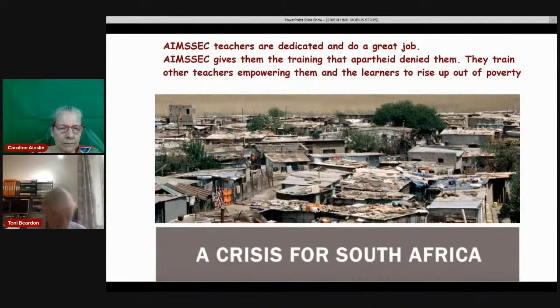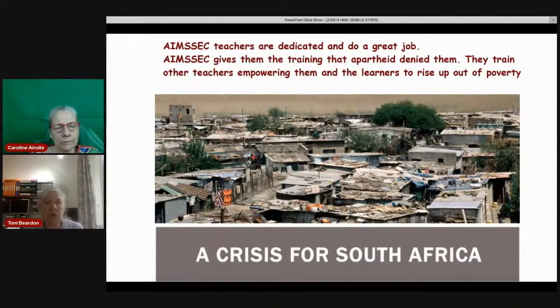Now, what I found when I went to South Africa in 2003 was I was told by so many people that there was a crisis, that their maths and science in schools was about the lowest in the world at that time in terms of international comparisons. But the teachers are dedicated and they do a great job and they work hard and work cheerfully in really poor conditions.